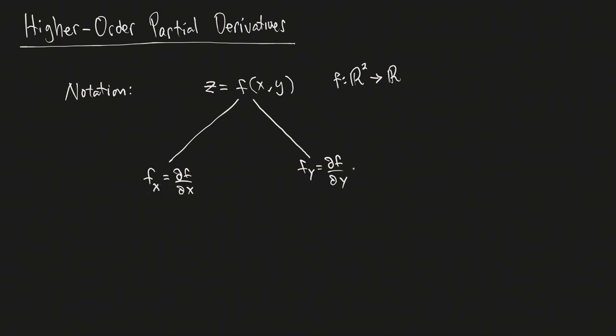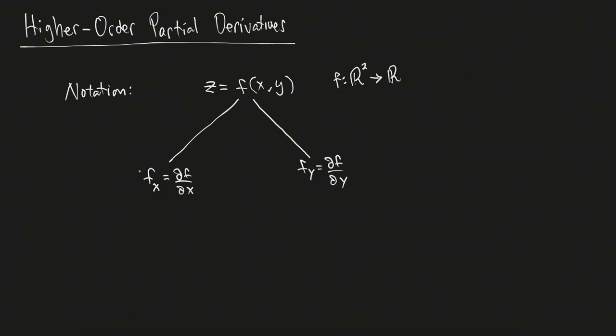Similarly here, we could have our first partial with respect to y, and then for possible second partials, we could continue differentiating with respect to y, or we could differentiate it with respect to x. That's the possibility we have now, because we have several variables.